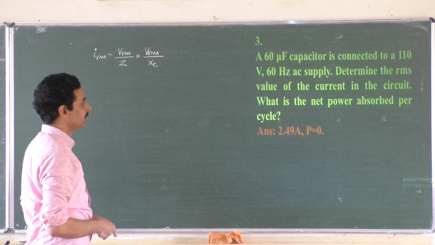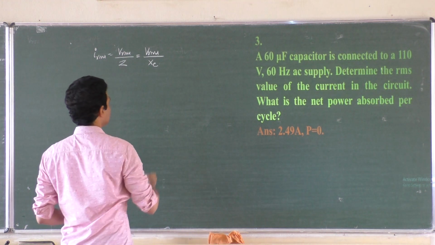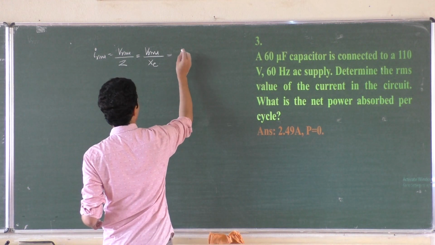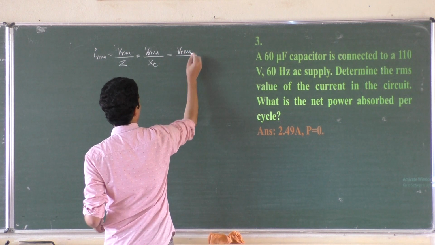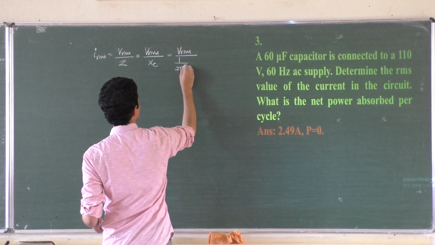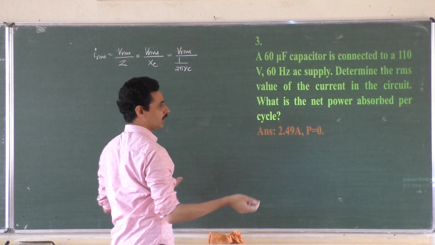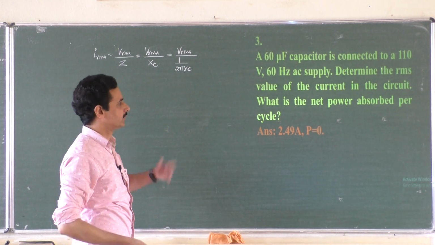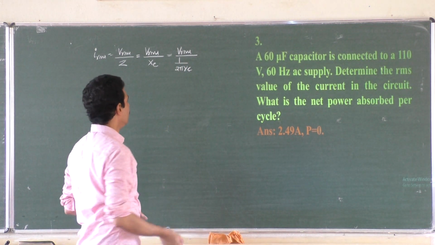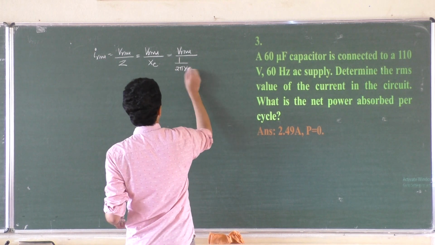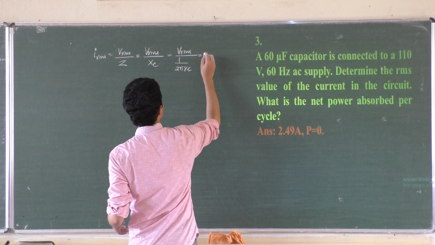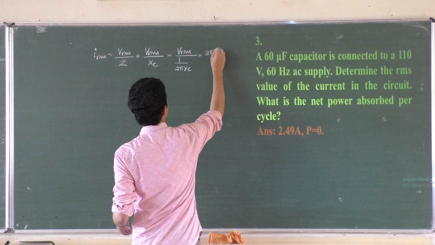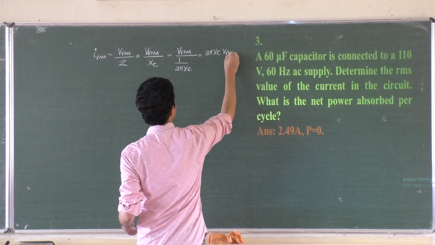So VRMS by XC. What is XC? XC is 1 by 2 pi nu C. It is not at resonance. We don't know whether it is at resonance or not. Whatever the frequency is supplied, we will use it. 1 by omega C, so 1 by 2 pi nu C, 2 pi nu C into VRMS.